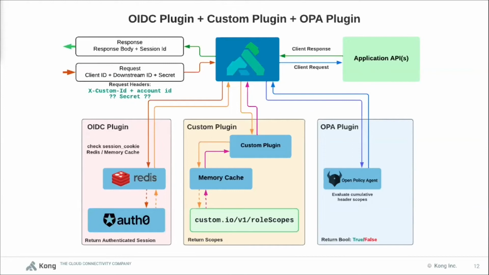And this was a really fun reason to go ahead, use Kong Gateway, write a simple custom plugin, and slip that plugin in between the OIDC authentication plugin and an OPA, or Open Policy Agent, plugin, which would return a Boolean, basically, of true or false, based on the roles and permissions that Auth0 provided, and the roles and permissions that the custom internal API provided in headers, to then determine whether the traffic was allowed to go upstream to different APIs.